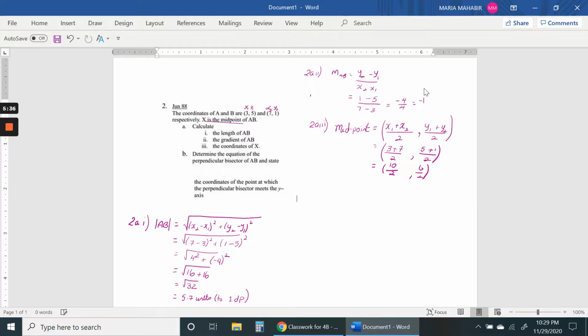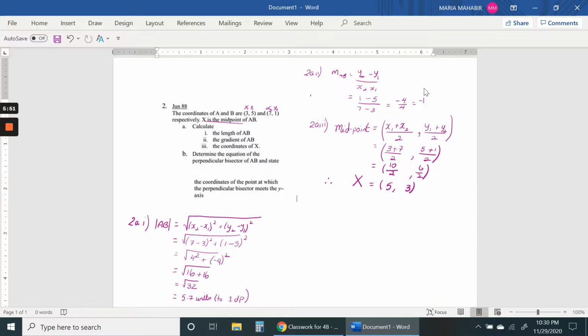So therefore the midpoint X is (5, 3). So far the first 3 parts were really easy. It's literally just that you had to know your formulae and substitute.